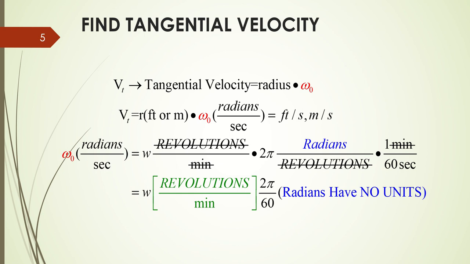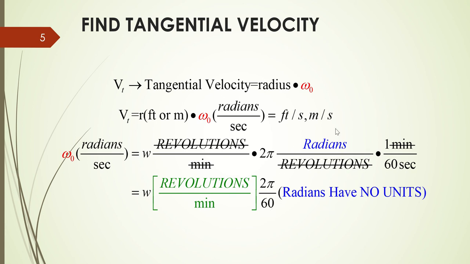So if we look at the conversion of RPM to radians per second, omega naught is equal to omega in RPM, revolutions per minute, times 2 pi radians per revolution times 1 minute per 60 seconds. So omega naught in radians per second is equal to omega in RPM times 2 pi over 60.